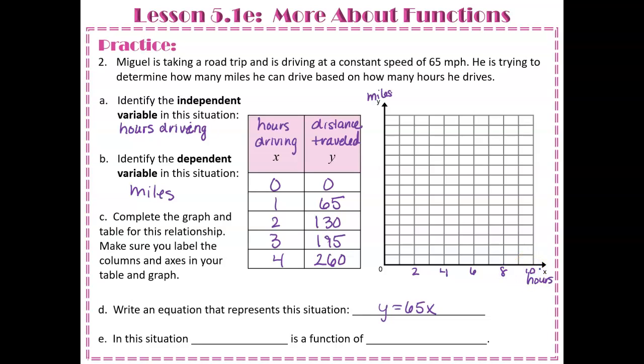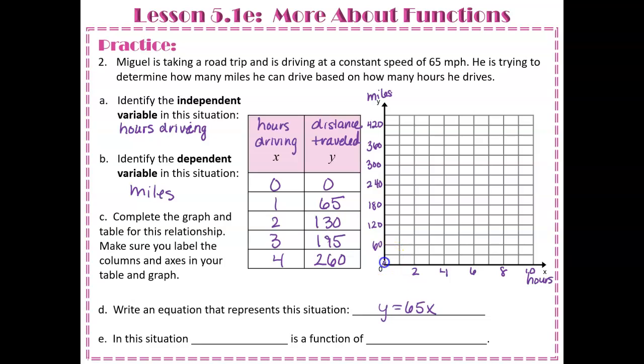And then as far as miles, I'm going to go up by 30s. 30, 60, 90, 120, 150, 180, 210, 240, 270, 300, 330, 360, 390, 420. Yep, that's right.